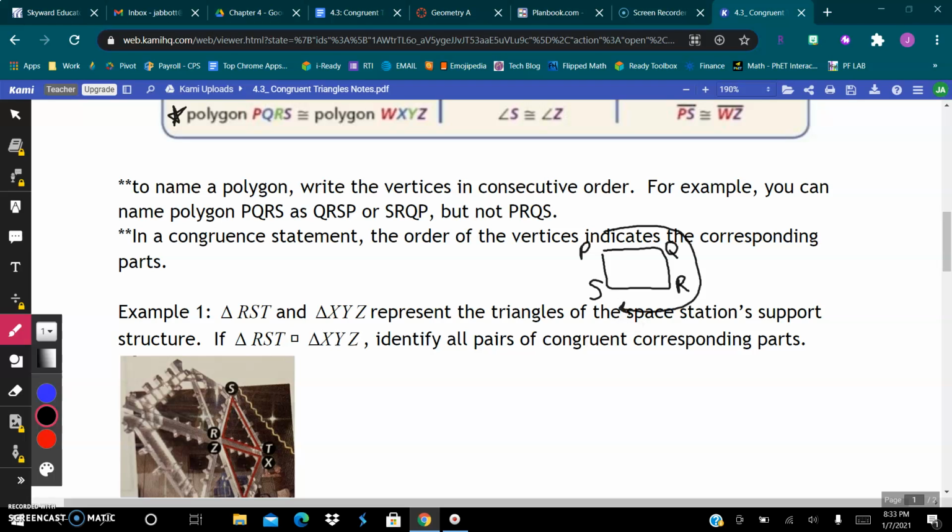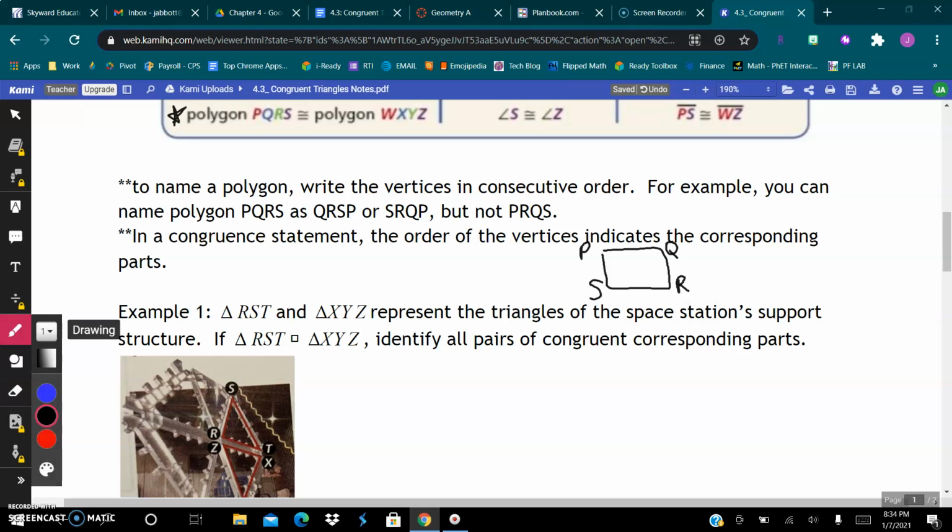Then it's saying I could do QRSP, so I could start at the Q and move myself around this way to name it. Or I can start at the S and go backwards, SRQP. I'm going around it to name it.